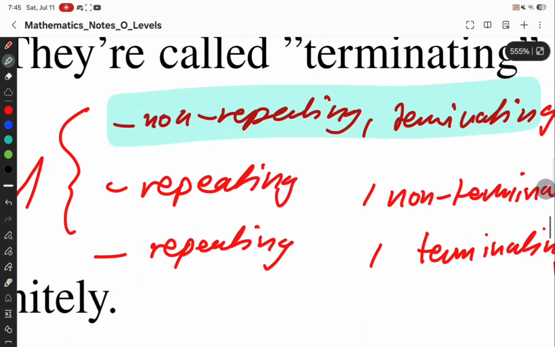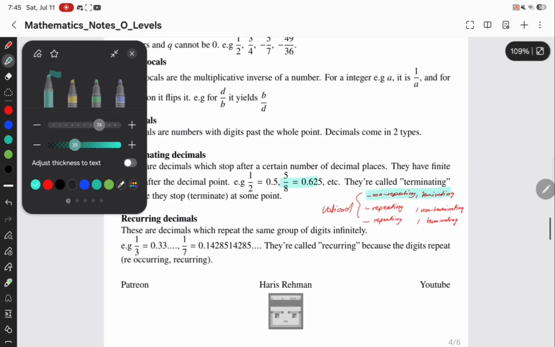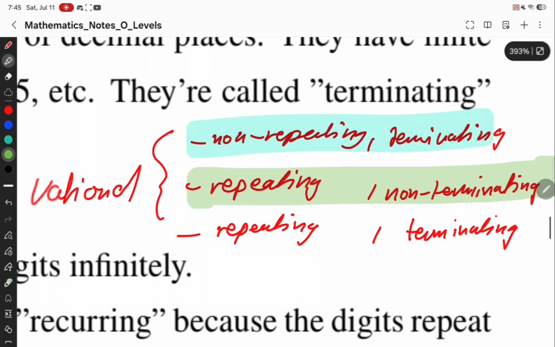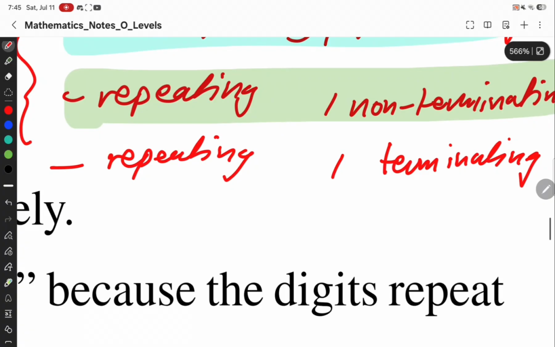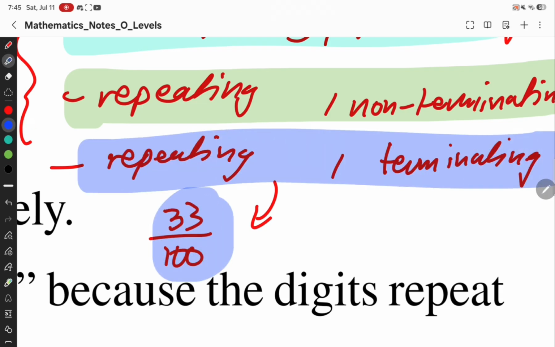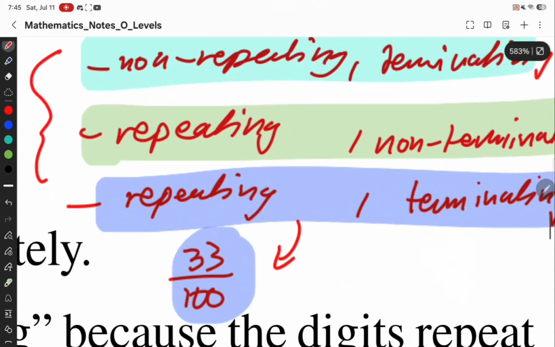If it is repeating but non-terminating, if it goes on forever but it has a set pattern, then it is called a repeating non-terminating number, and it is rational. If it is repeating and terminating, for example 33/100, you can take this as an example. This is a rational number also.